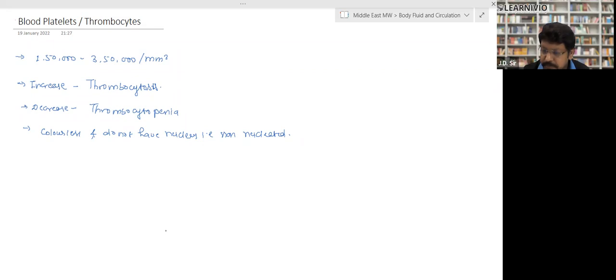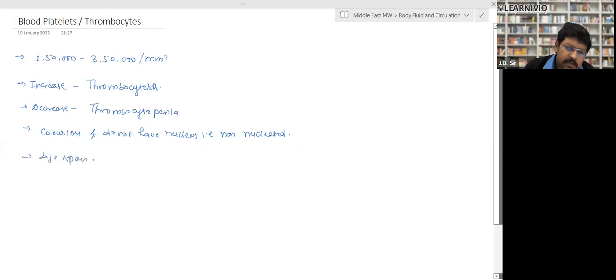Their main function is blood clotting. Full stop. Their lifespan is a week.